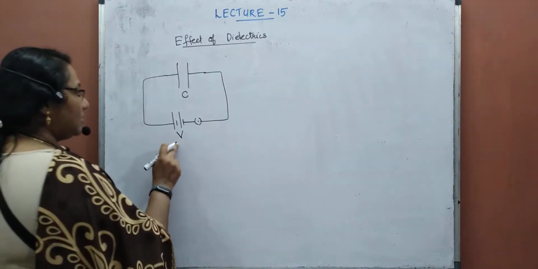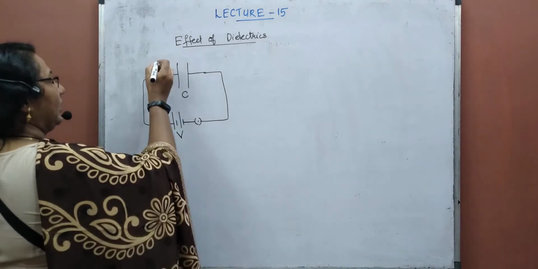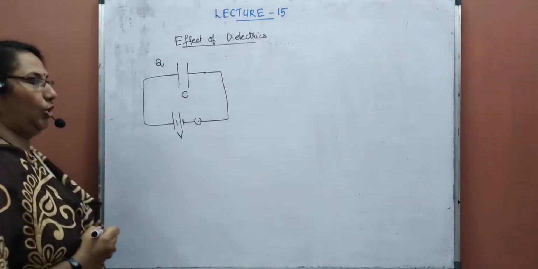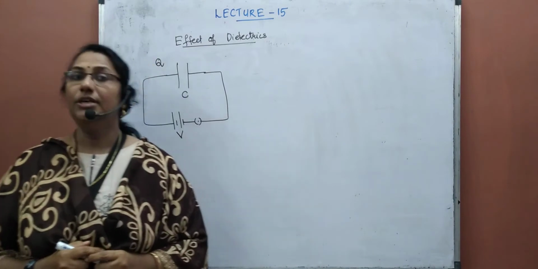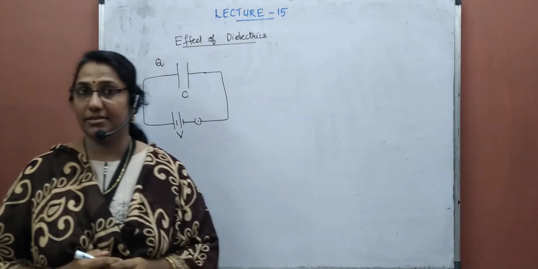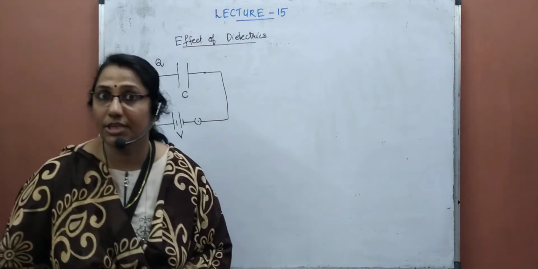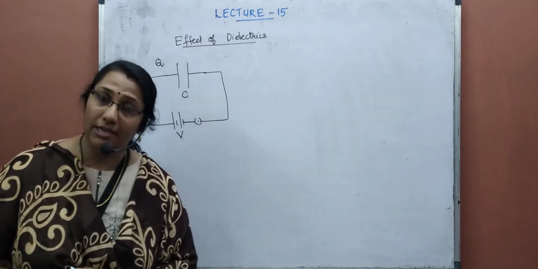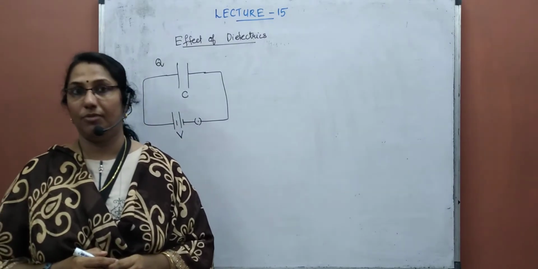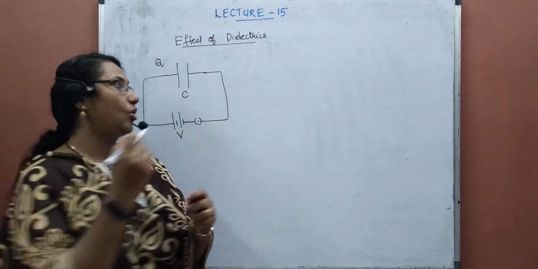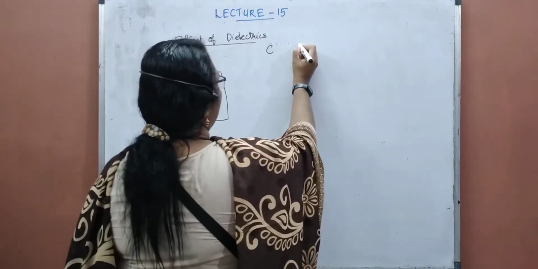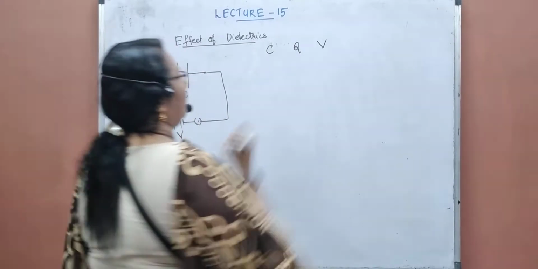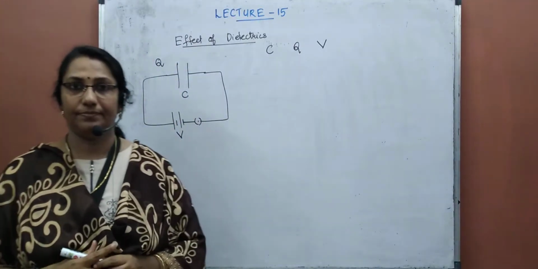As a result of this potential difference, the capacitor stores a charge Q. So, there is a capacitor of capacitance C, connected to a potential difference of V volt. As a result, it stores a charge Q coulomb on it. So capacitance C, charge Q, potential difference V are given.